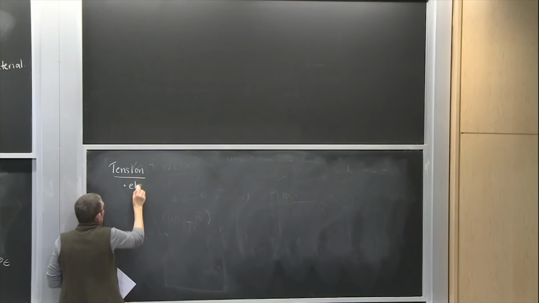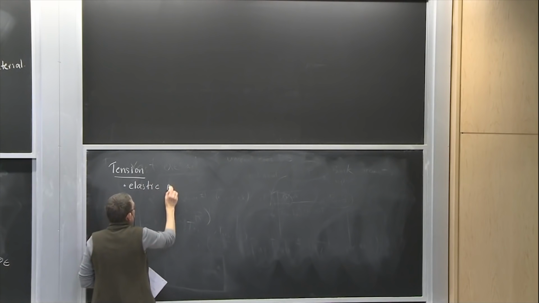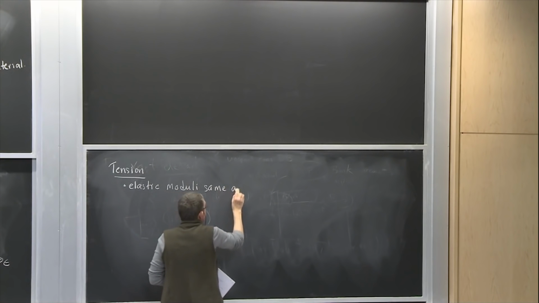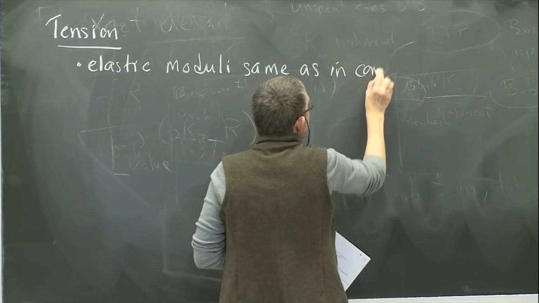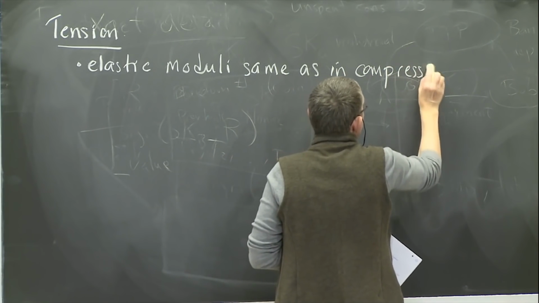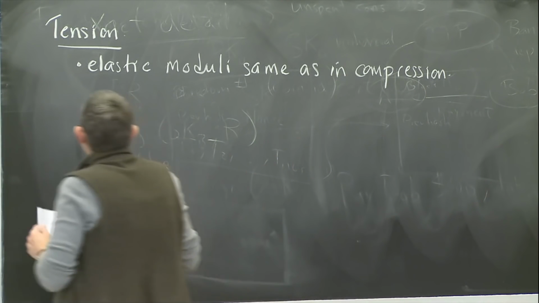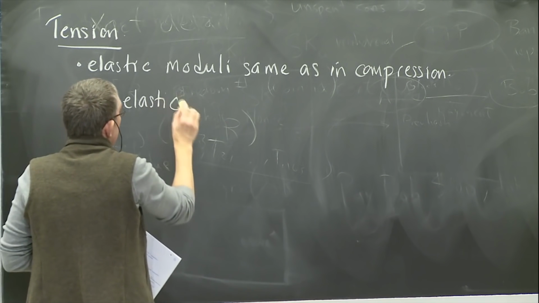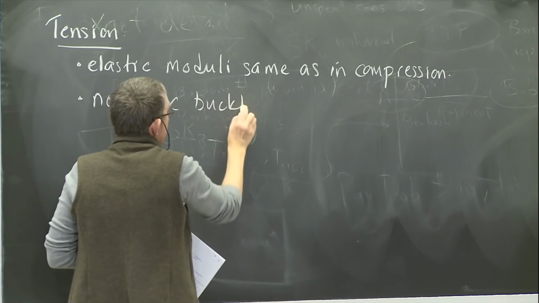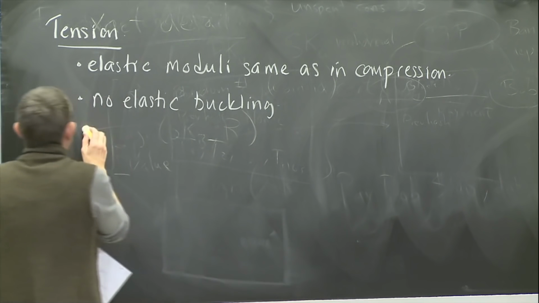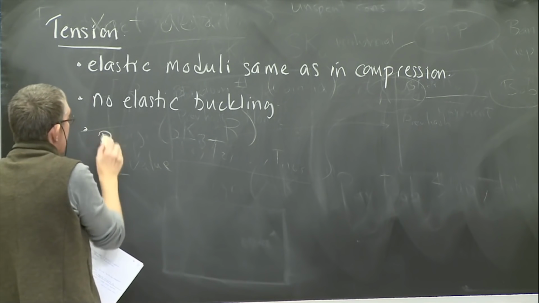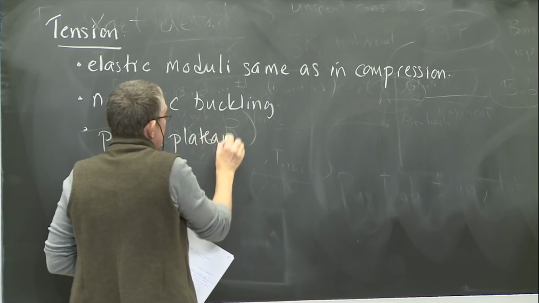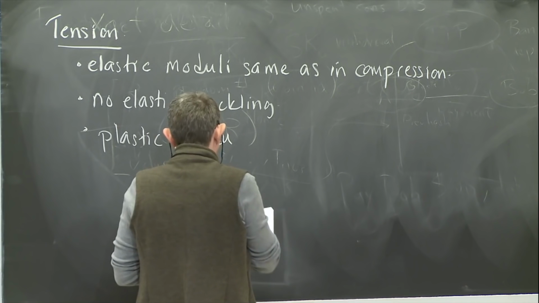So in tension, the elastic moduli are going to be the same as in compression. There's no elastic buckling in tension, so that's not going to happen. The plastic plateau stress in tension is going to be very similar to that in compression.